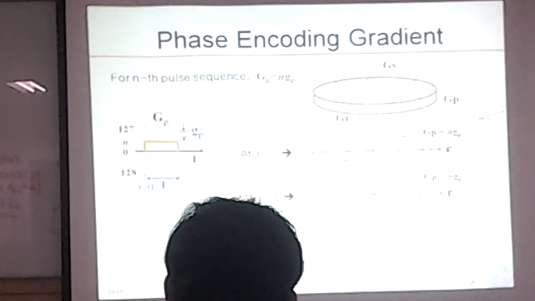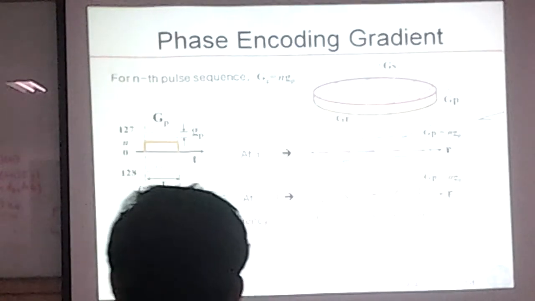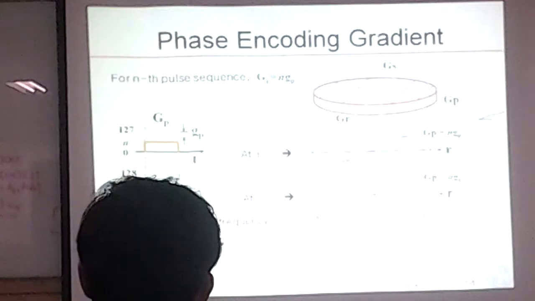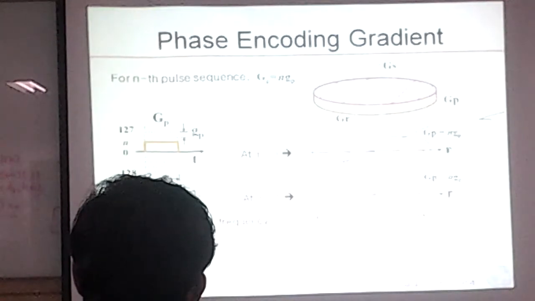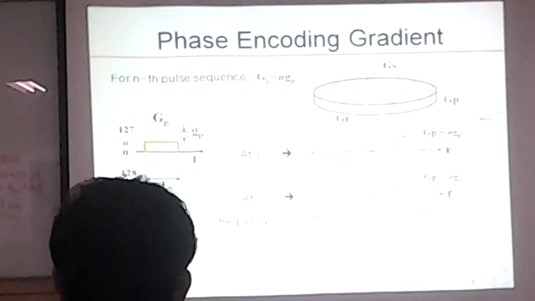So the frequency of each position is determined by the phase variation rate. So we determine the precession frequency omega 1 and omega 2. As I said before, the time variation rate of phase is equal to the space frequency.